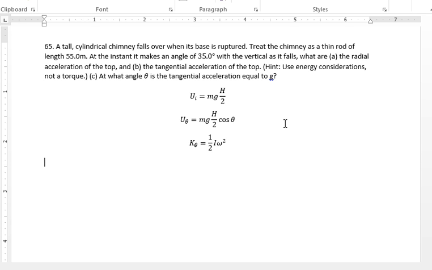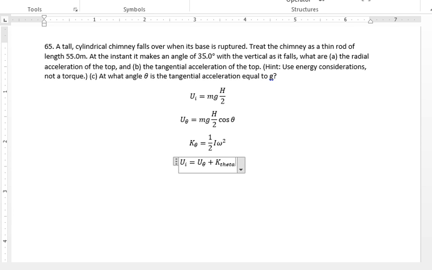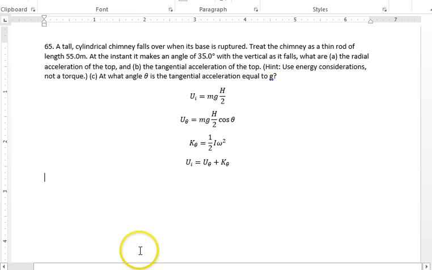So if we put this all together, we get U_i equals U(theta) plus K(theta). One of the pieces we don't have yet is the moment of inertia, but let's put it all together first.